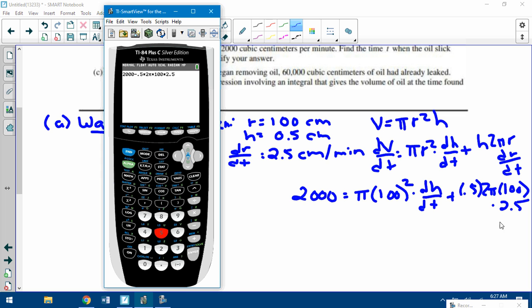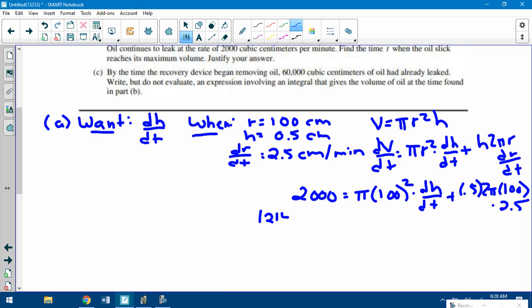So 2,000 minus all of that gets me 1214.601-ish. And that equals pi times 100 squared times dh dt. So I'm just going to divide by pi times 100 squared now.